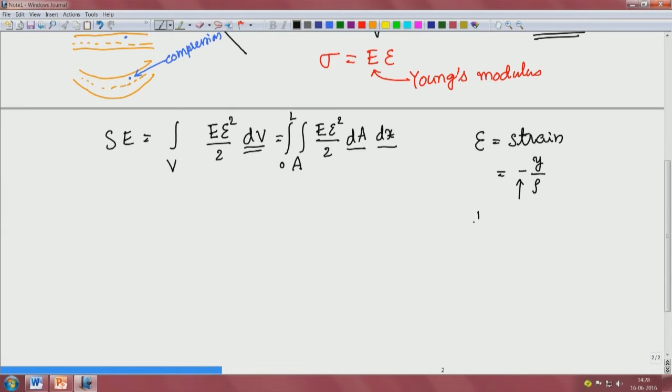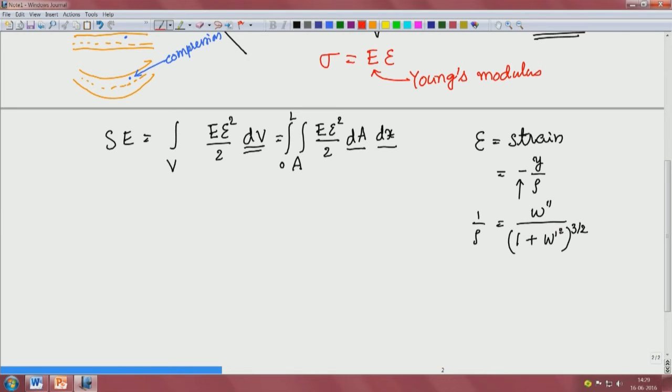The other thing we know is that 1 by rho is given in terms of the w function, the second prime of it, that is d square w by dx square divided by 1 plus w prime square raised to 3 over 2. But in cases where w prime is small, that is, the slope of the deforming beam is not significant, we can neglect that.